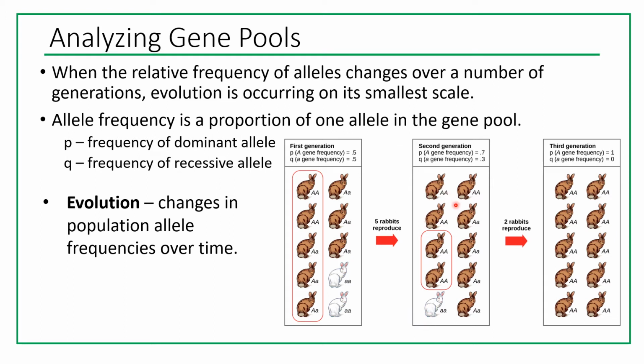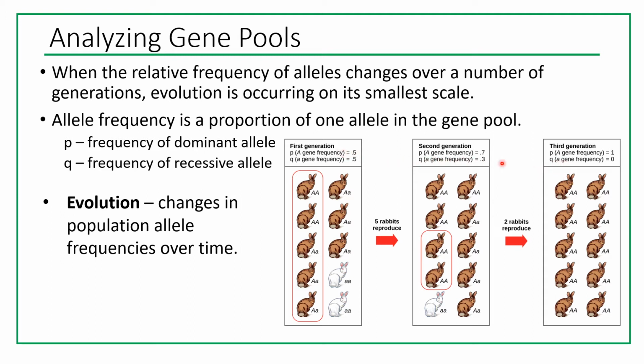So we can calculate the frequency of dominant and recessive alleles again, and you can see over here in the second generation, the frequency of P is 0.7 and Q is 0.3. Right, then we again leave this population for a while, come back next year, and now looking at the population, we see that the frequency of P is 1 and the frequency of Q is 0.